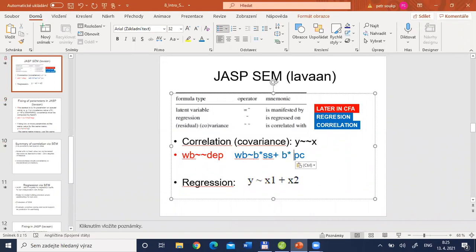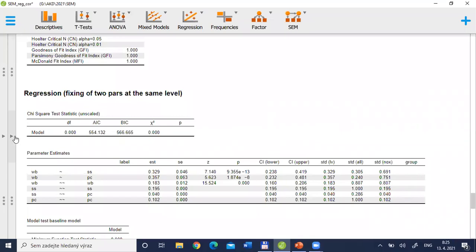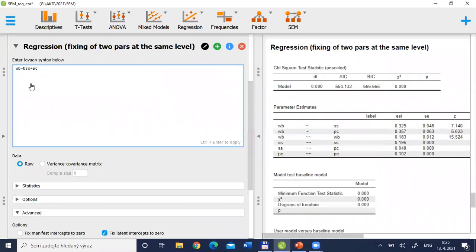So now I'm slightly changing the previous equation by the same symbol for two regression coefficients. So B multiplied by individual predictors. So I would type it here directly into JASP. So here is the first part and second part, and I can once again click Control plus Enter.